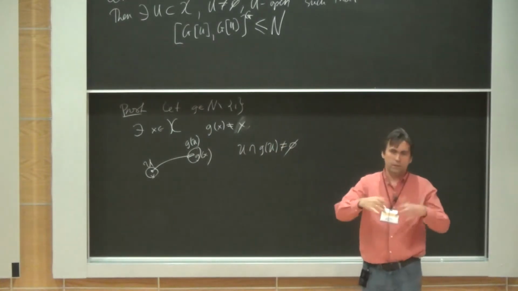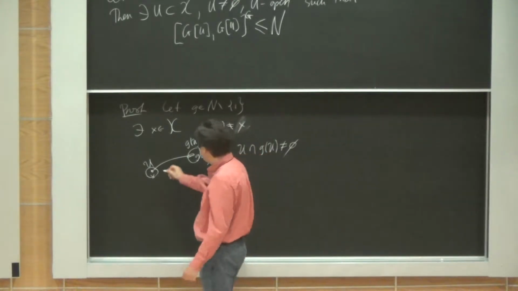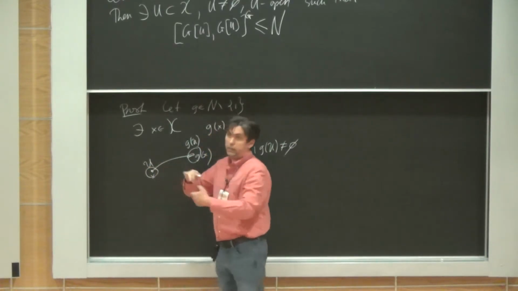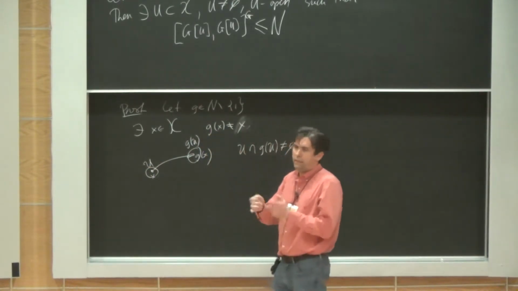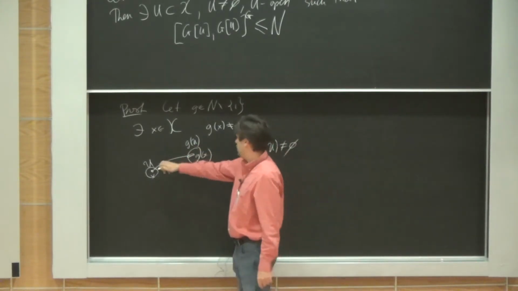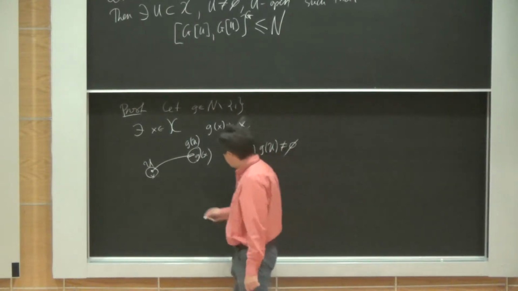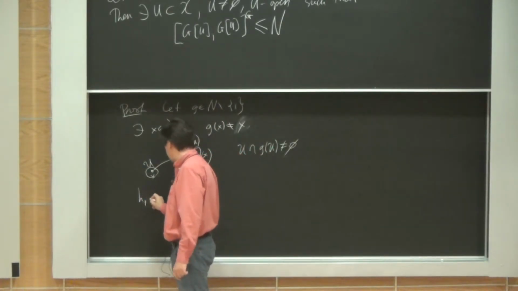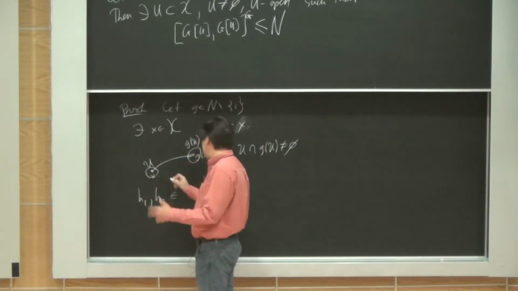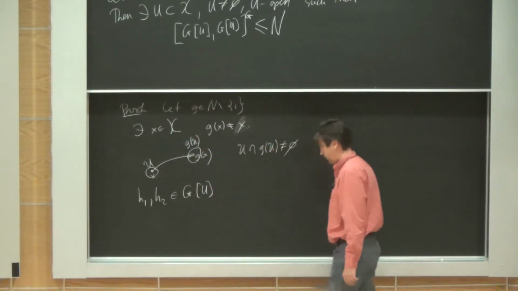Take any two disjoint neighborhoods, and then take the intersection of one neighborhood and the g inverse of the other. Now take any two elements h1 and h2 of the rigid stabilizer of this neighborhood U.